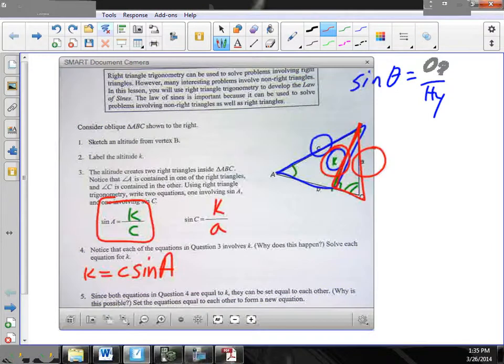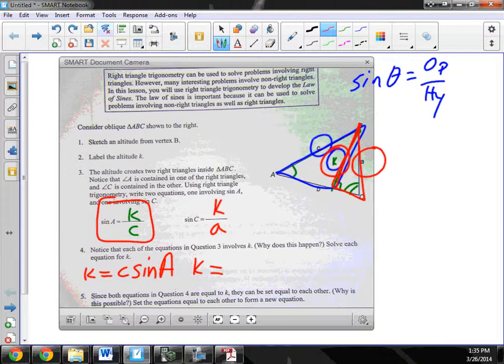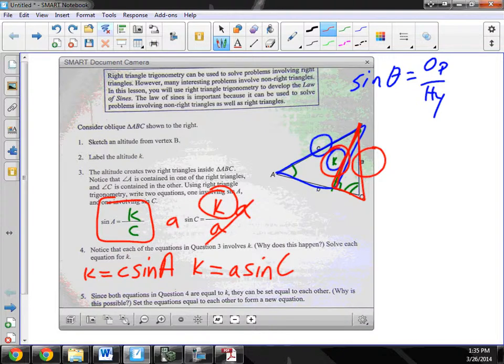And in the other one it's going to be K equals, I want to solve for K, so I multiply by A sine of C. I haven't lost anybody yet, have I? Everybody okay?